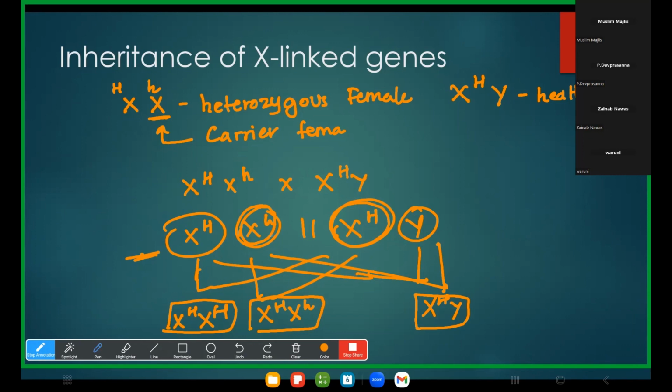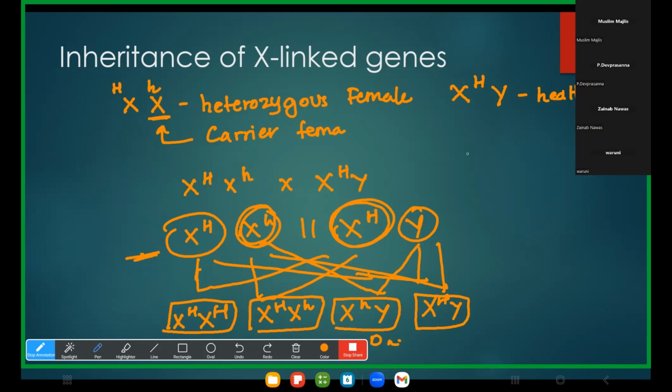In this situation, the small h disease gene from the mother could combine with the father's Y gene, and they would be expressed as a diseased male. So the male offspring would express the disease condition, simply because they only have one gene, which is the disease gene.